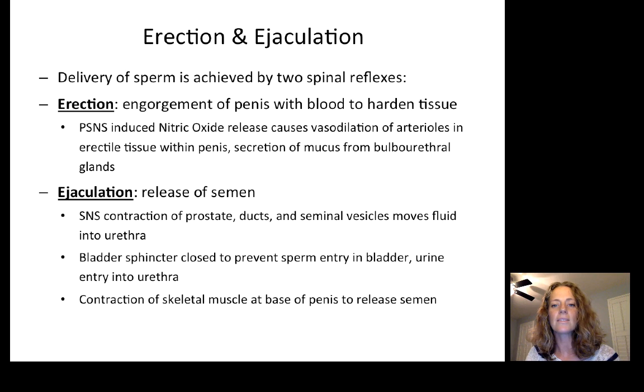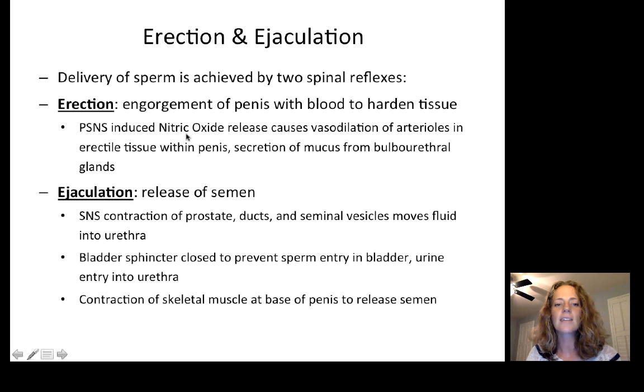So for males, the two spinal reflexes are erection, which is engorgement of the penis, and this actually happens with increased blood flow. How do you get increased blood flow locally? Vasodilation. Vasodilation, we've already talked about in the cardiovascular system, can be increased by a signal called nitric oxide.